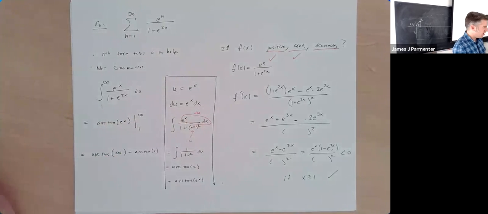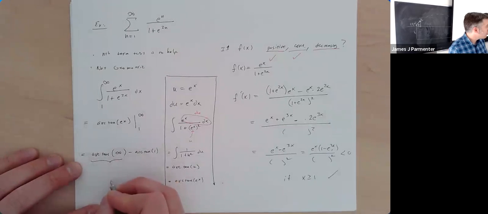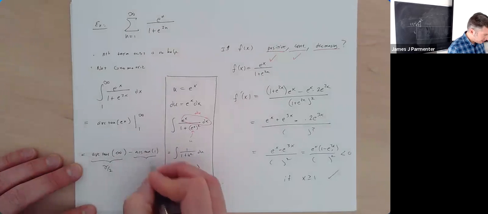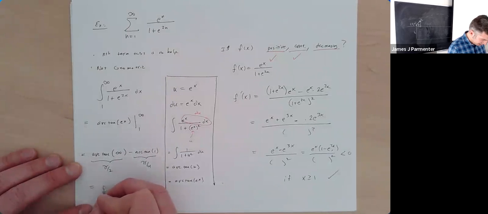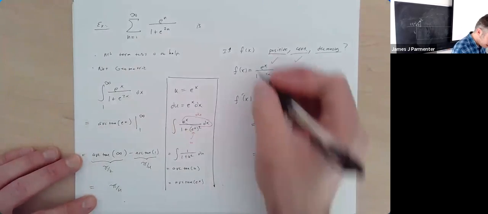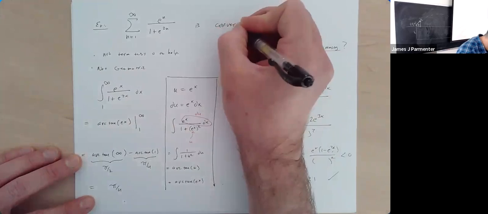This is something that comes up more often than you would think. This goes to pi over 2. And the arc tangent of 1 is pi over 4. So this converges to pi over 2 minus pi over 4, which is pi over 4. Which means this integral, sorry, this series is convergent.